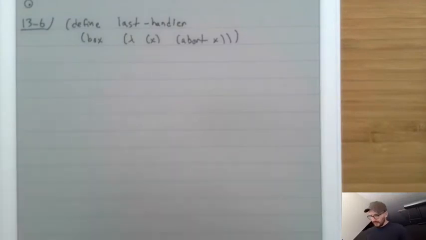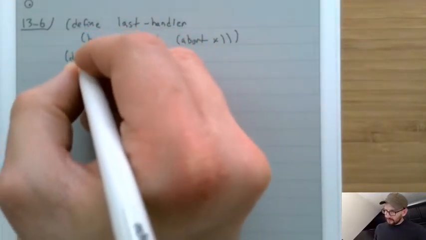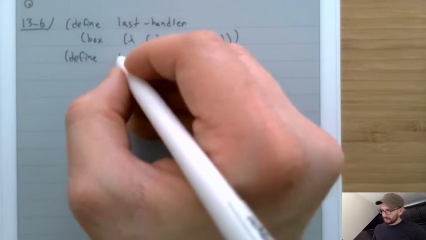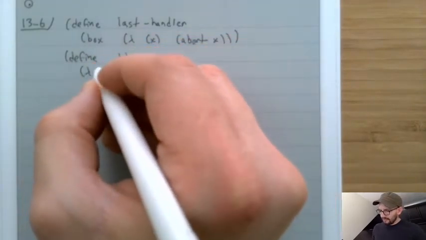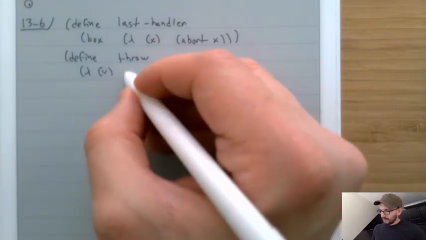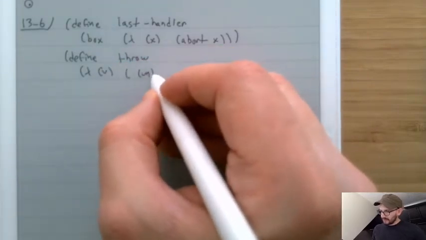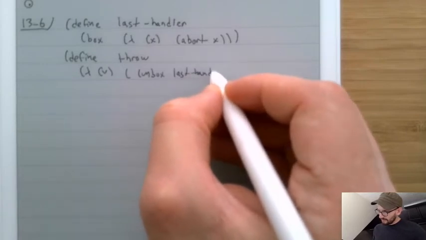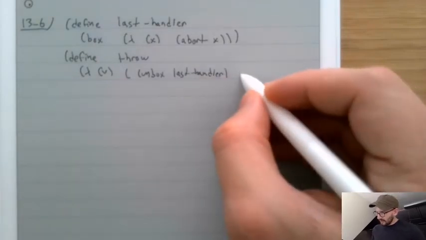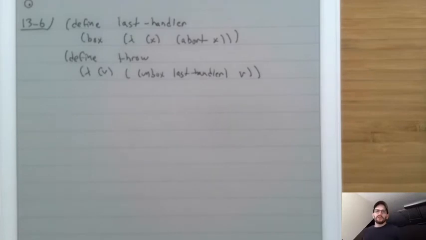All right. Then we're going to write the function throw. And throw takes in a value. Then it's going to unbox last handler and then call it with v. So if there's no catch handler, then throw is going to call abort. But here's the special thing.